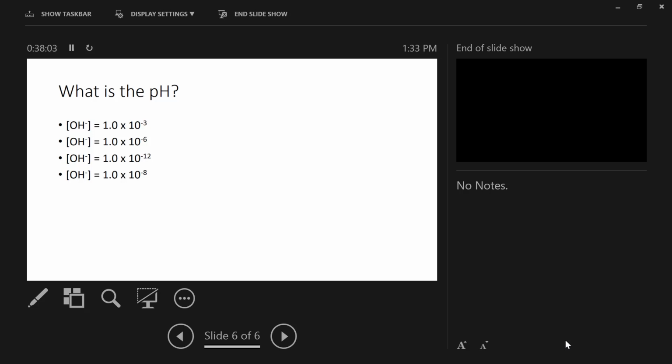Our hydroxide ion concentration, which happens to be what in this problem? 1.0 times 10 to the minus 3. Okay? So our hydrogen ion concentration then, 1.0 divided by 1.0 is what? 1.0 times 10 to the, and when we divide two numbers with the same base, what do we do with their exponents? Subtract. We subtract them.